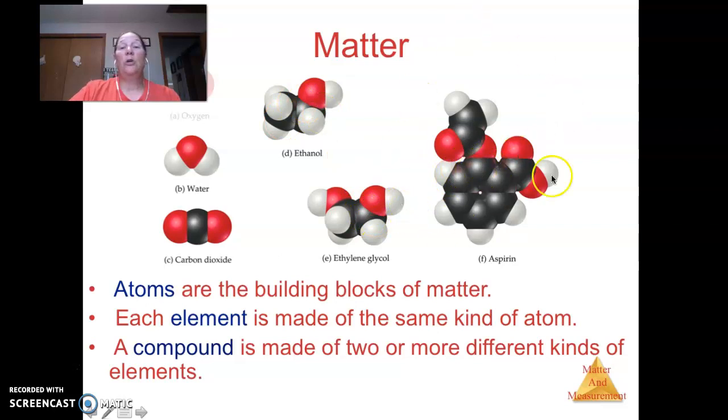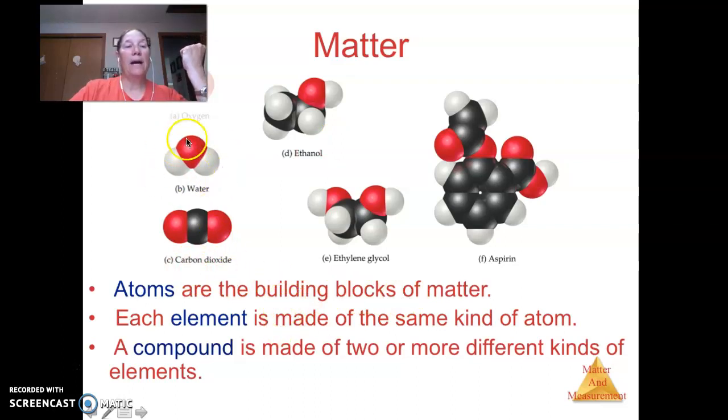We can have huge molecules like DNA. DNA is made out of millions of these, so it just depends. But atoms are the building blocks. All of these break down to individual atoms. Each element has the same kind of atom, so all oxygen atoms look the same. But if you compare an oxygen atom to a carbon atom, they won't be the same. So each element has its own individual type of atom.